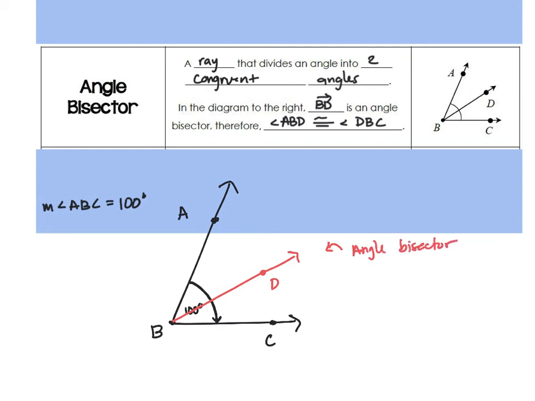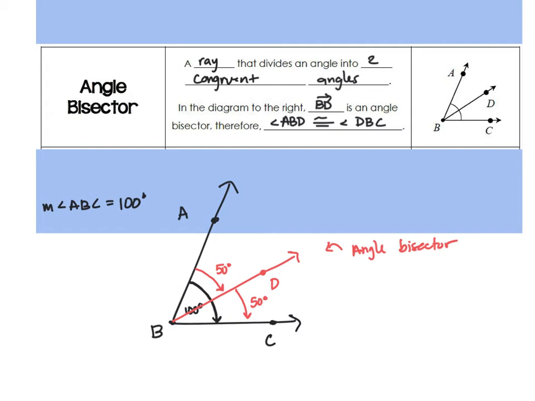I'm basically telling you that I'm cutting it in half. Okay? So if the whole thing measures 100 degrees and I'm cutting it in half, what's this measurement here and what is this measurement here? Both of them together equal 100, but I'm cutting it in half. So I'm telling you that this measure right here equals 50 degrees and this measure here equals 50 degrees.